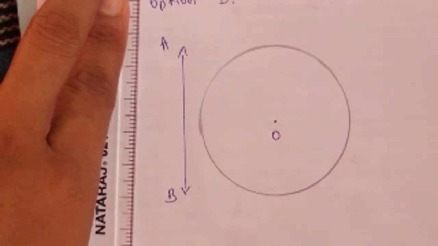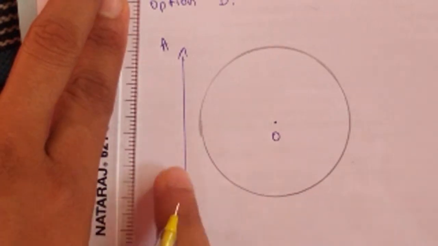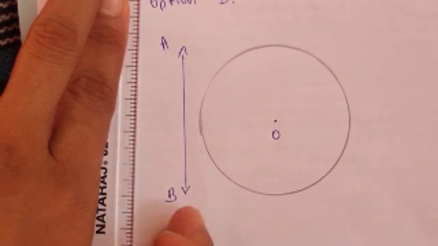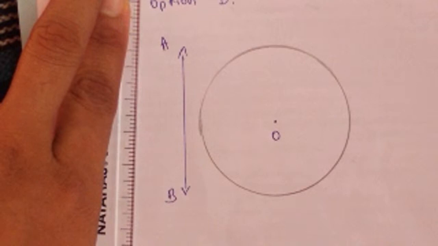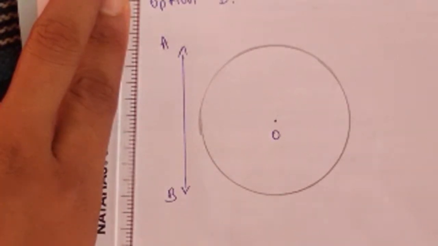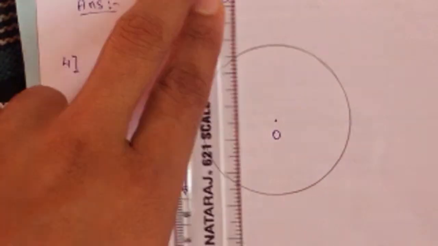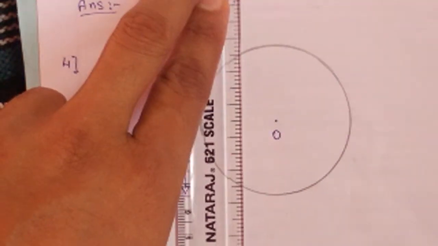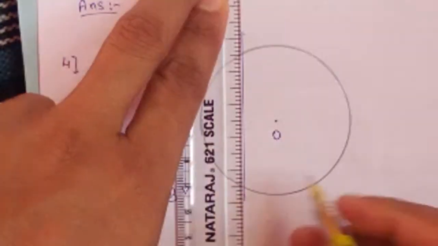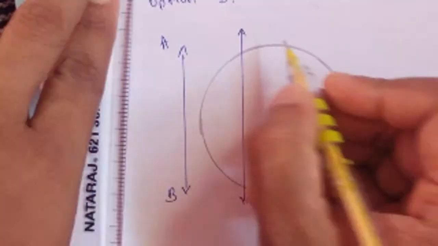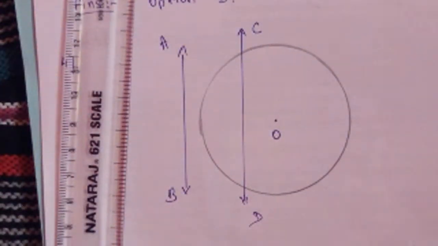Draw a circle and two lines parallel to a given line. The given line is AB, and I have to draw two lines which are parallel to the given line. One is a secant. I will draw here AB, CD.